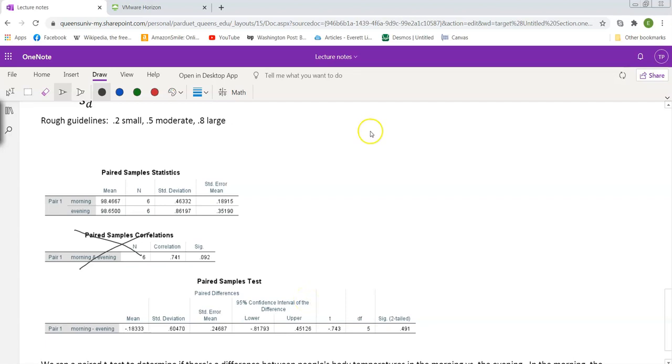What's going to be important to us is primarily this Sig. (2-tailed). This is the p-value for the two-tailed test.